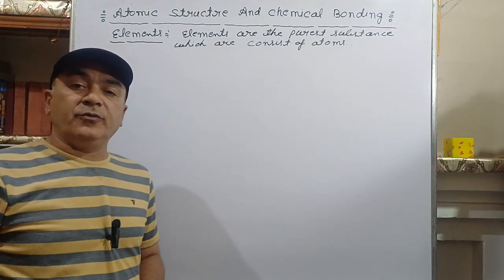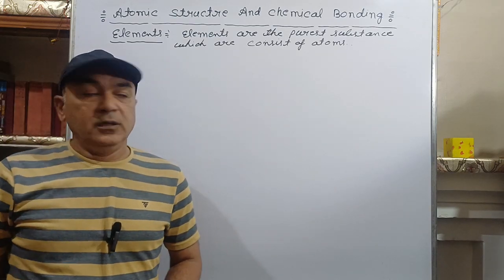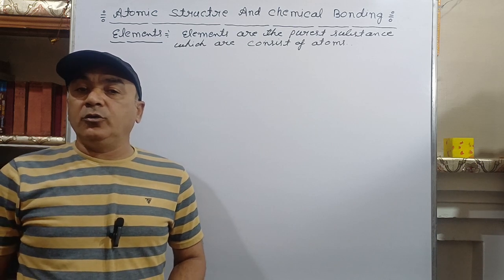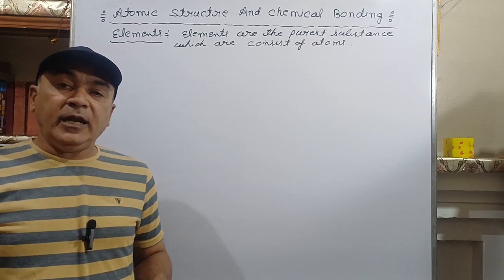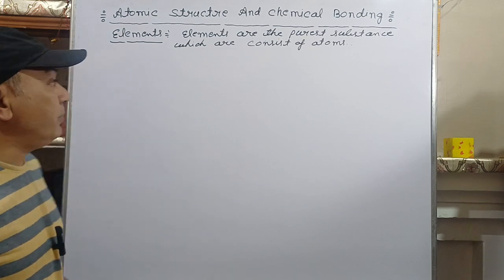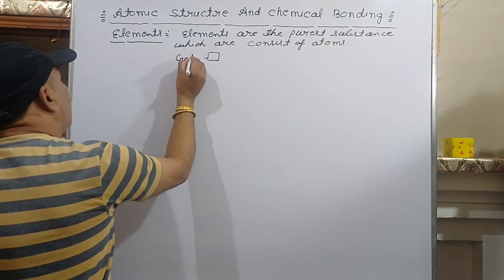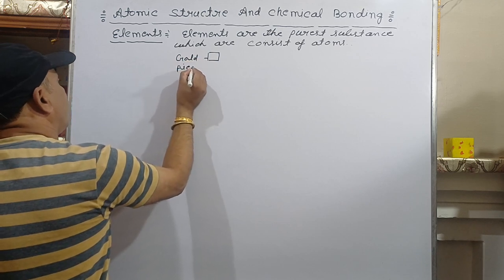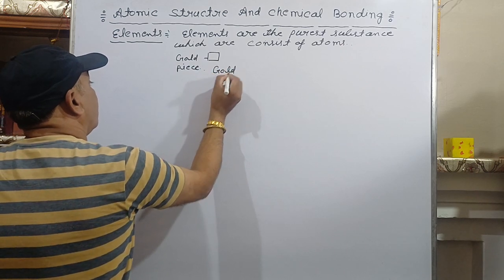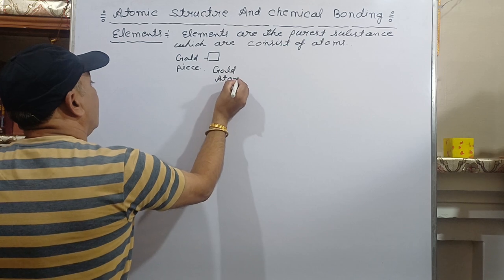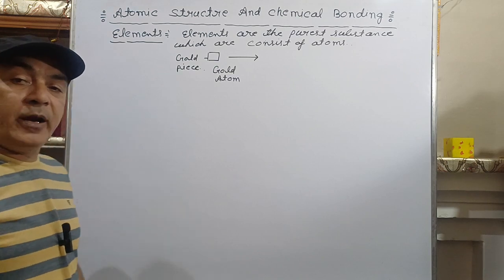Since these consist of the same types of atoms, it is impossible to cut elements, or to divide elements into other smaller parts. For example, if it is a gold piece, which consists of gold atoms, and we cut this gold piece into smaller parts, then what happens?